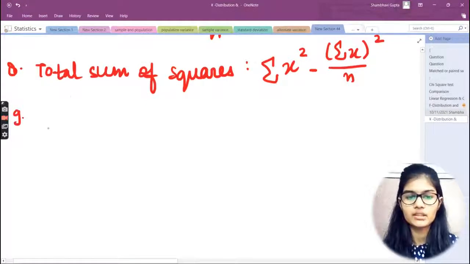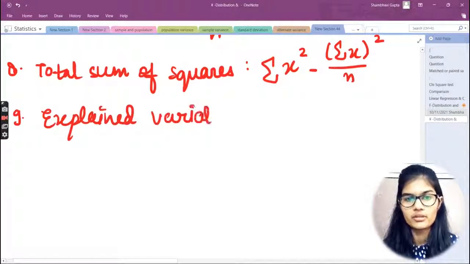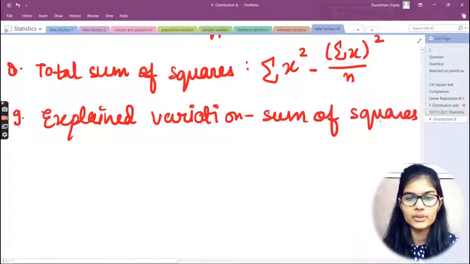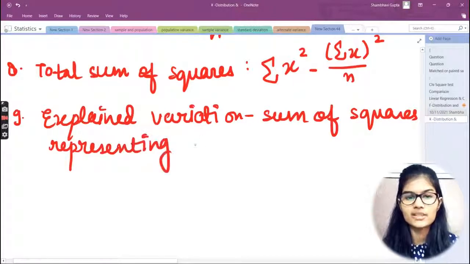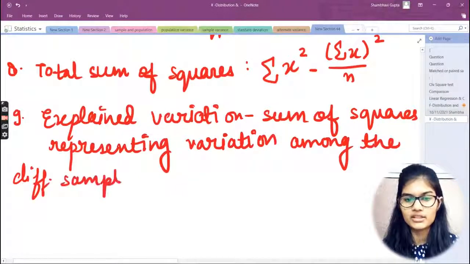Then now we have the explained variation. Now we have a sum of squares representing the variation among the different samples, right?